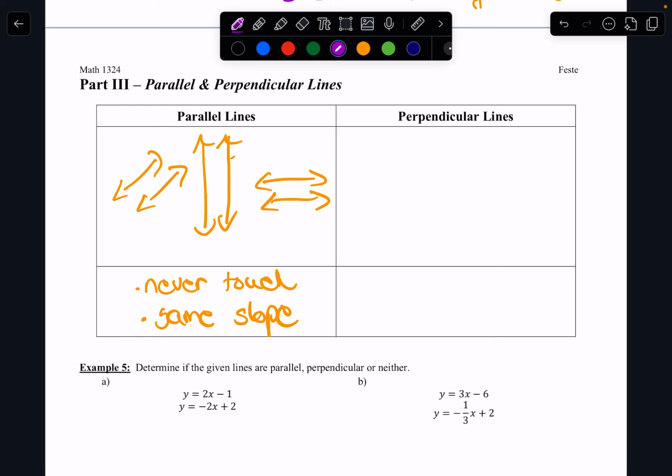Now, perpendicular lines are the ones that intersect each other in a 90-degree angle. That should be a square, a 90-degree angle. And again, they can be any way; what matters is that there's a 90-degree angle.